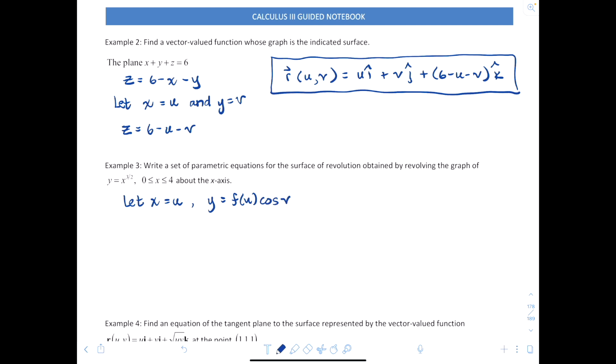That's in our formula. So y would equal f of u, which would be u to the 3 halves, and then cosine v. Z is going to equal f at u times sine at v, so z will be u to the 3 halves sine of v.